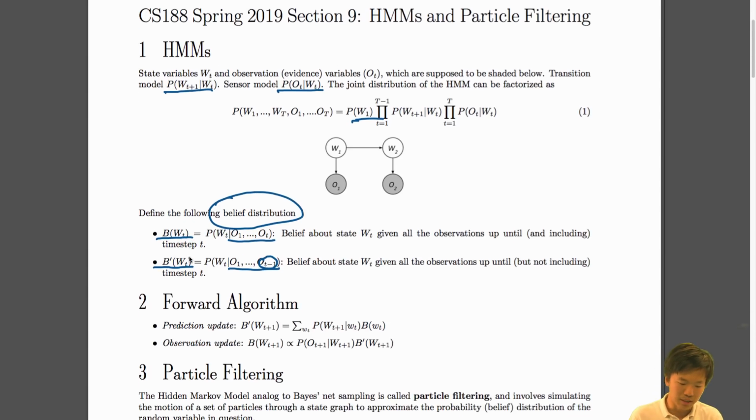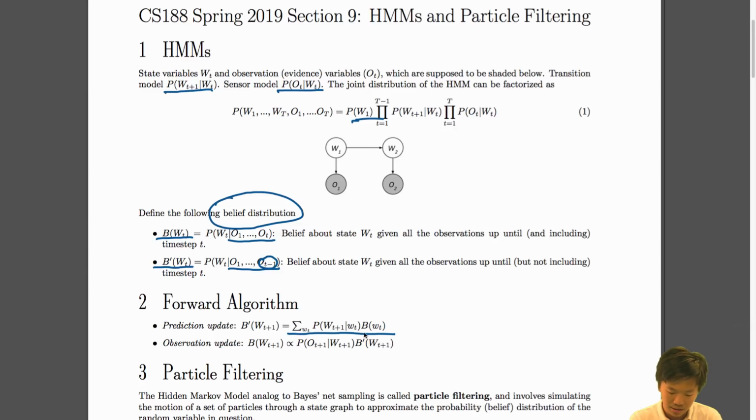Now let's talk about the forward algorithm. There are two steps in the forward algorithm. The first one is the prediction update, where we compute B prime of the next hidden state, W_{t+1}. And this is the formula.